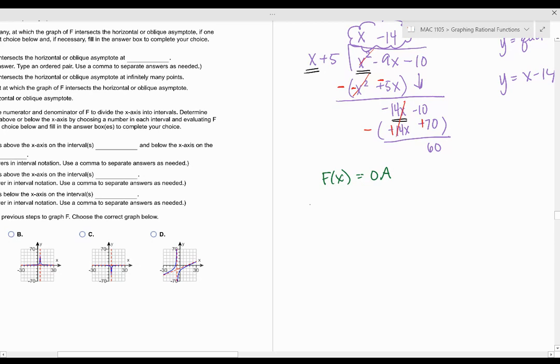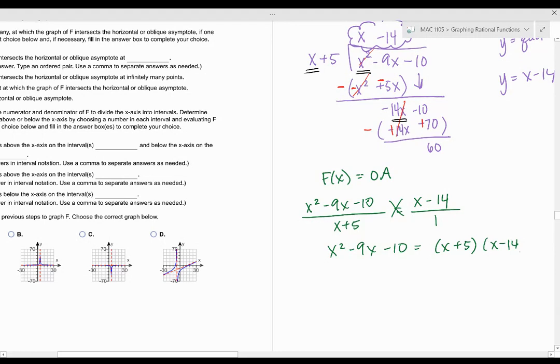Our function was x squared minus 9x minus 10 over x plus 5 equals x minus 14, because that was our asymptote. So we're going to cross multiply.